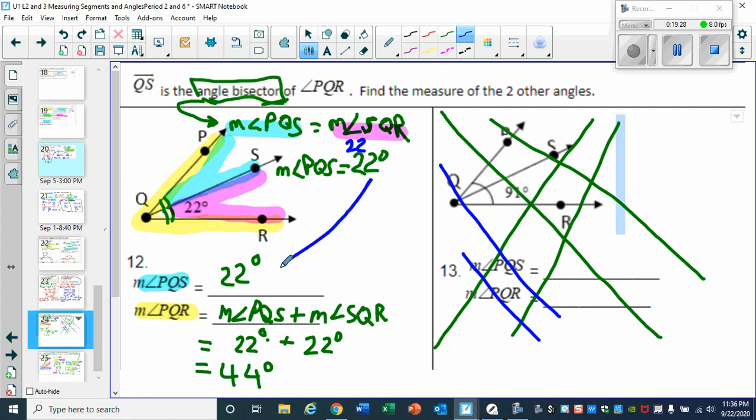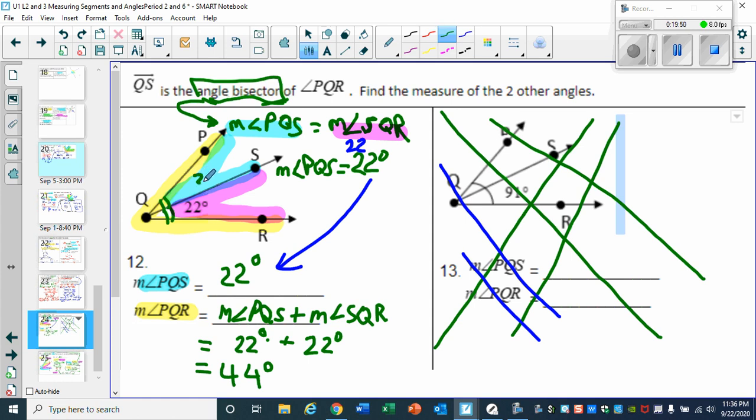So right away, you got your first answer. And since this guy's 22, PQR is going to be 22 plus 22, or 22 times 2, is 44. So 44 is the overall measurement from here all the way over here.